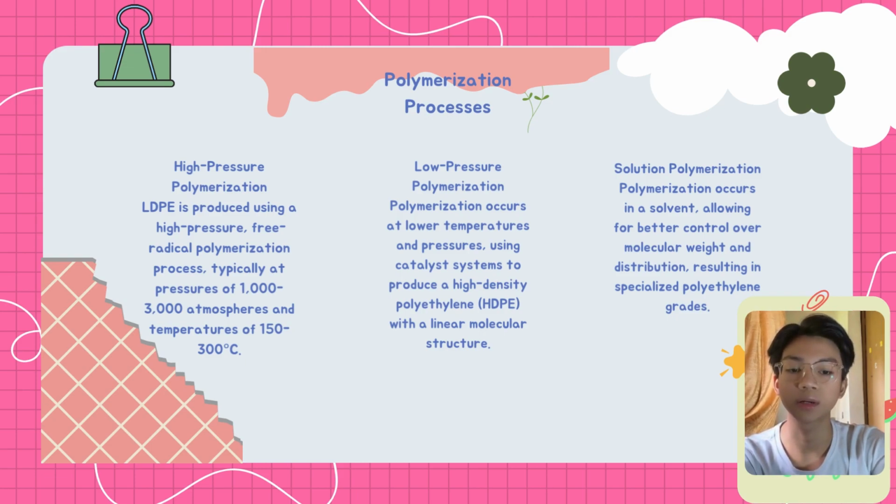Low pressure polymerization occurs at low temperature and pressure using a catalyst system to produce high density polyethylene, HDPE, with a linear molecular structure. The last one is the solution polymerization process, in which polymerization occurs in a solvent, allowing better control over molecular weight distribution, resulting in specialized polyethylene grades.